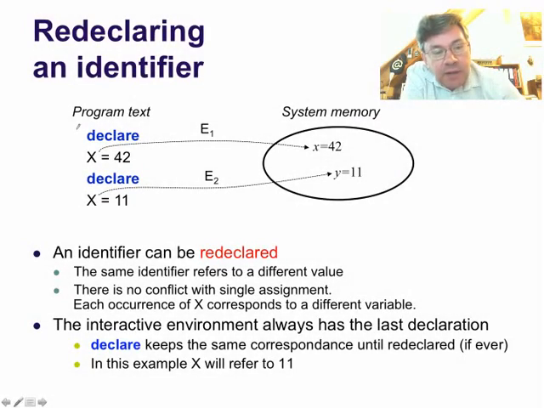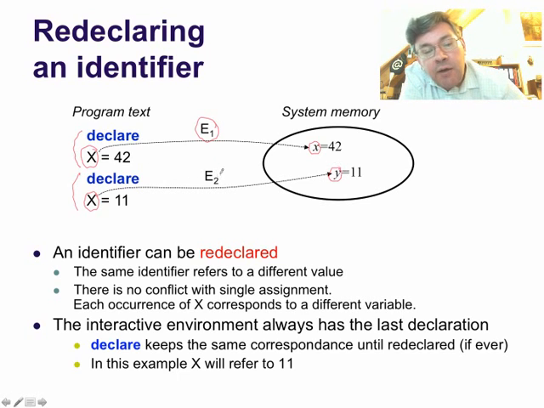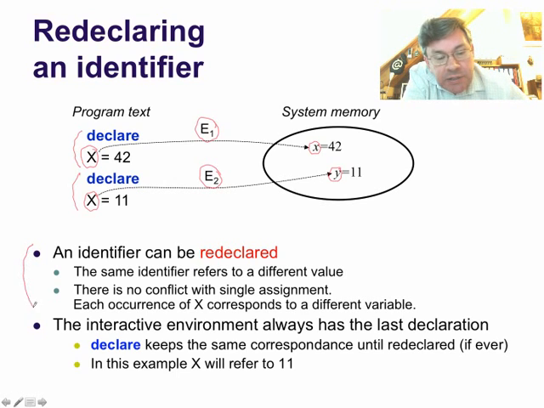So we see that an identifier can be redeclared. We have here the first declaration, which declares identifier x to refer to variable little x through environment E1, and then we redeclare with a second declaration, so the same identifier x refers to the variable little y through another environment E2. So what happens is the same identifier refers to a different value.